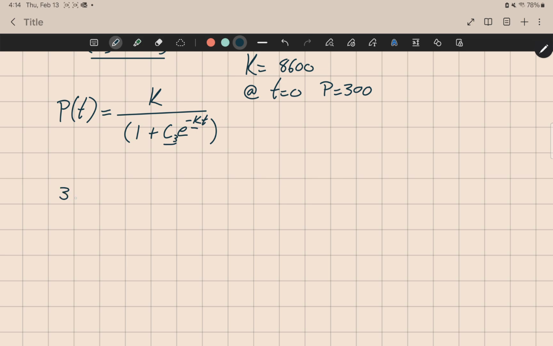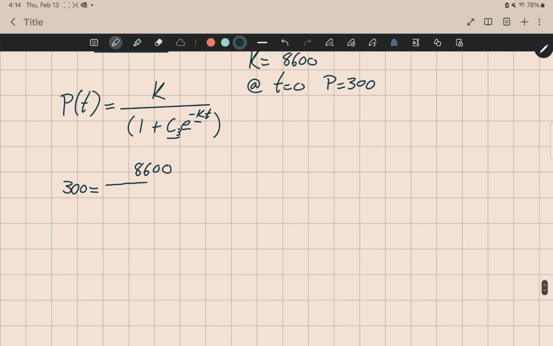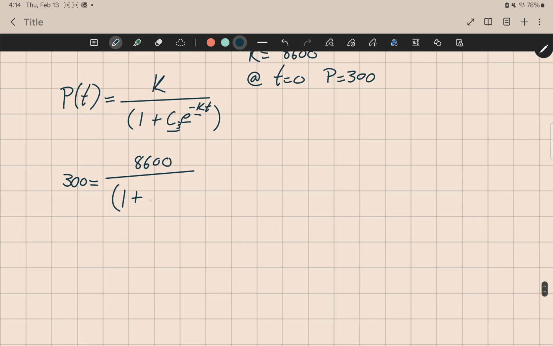P of t is going to be 300. We're going to throw in that 8600 up here. And then we're going to have a 1 plus c. And then it's really going to be e to the 0 down there. So just move over one step.